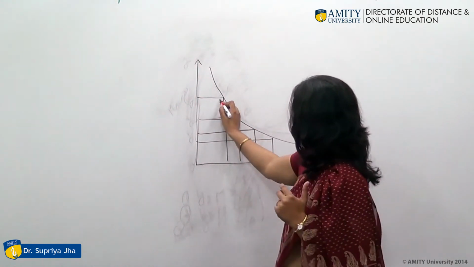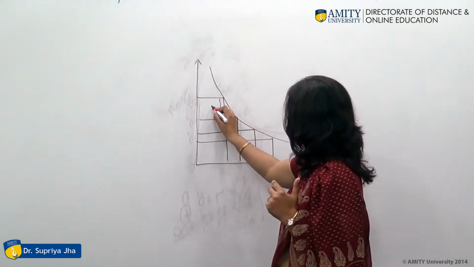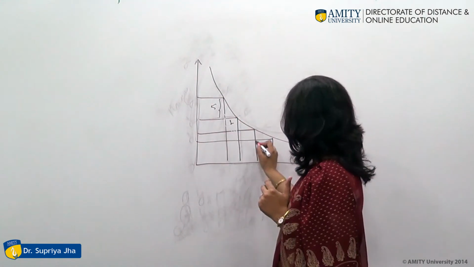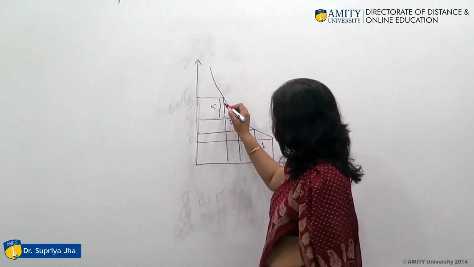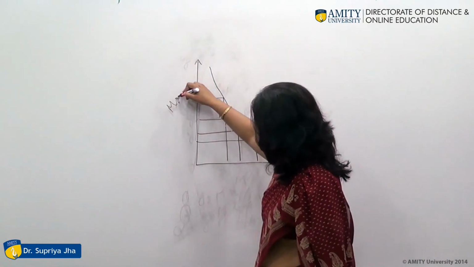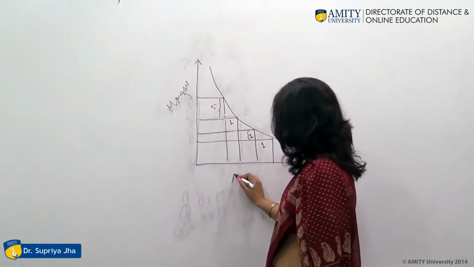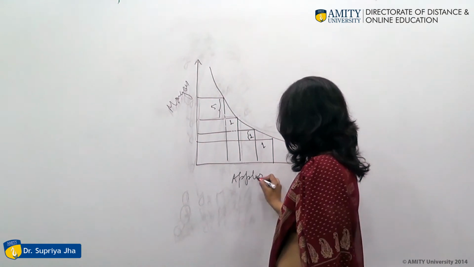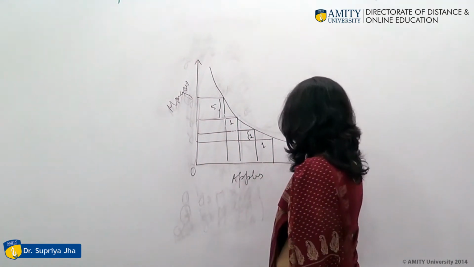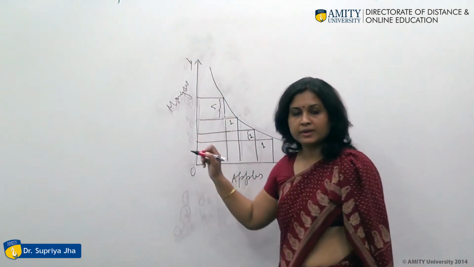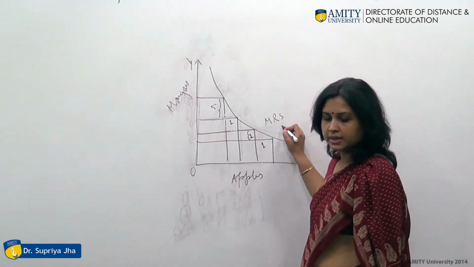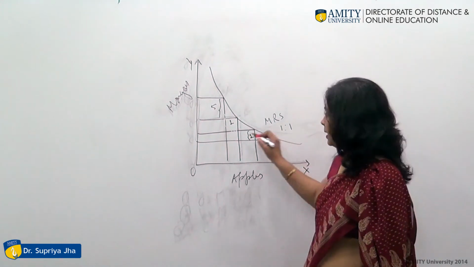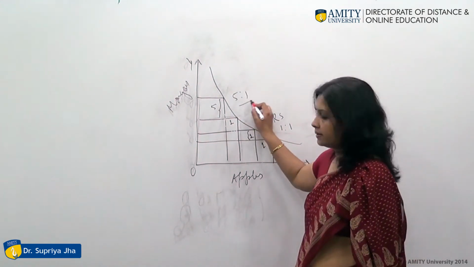You can see here, this is 5:1 we can say, and here it would be 1:1. So mangoes and apples. So the rate here, MRS marginal rate of substitution, is 1:1 and here it is 5:1.